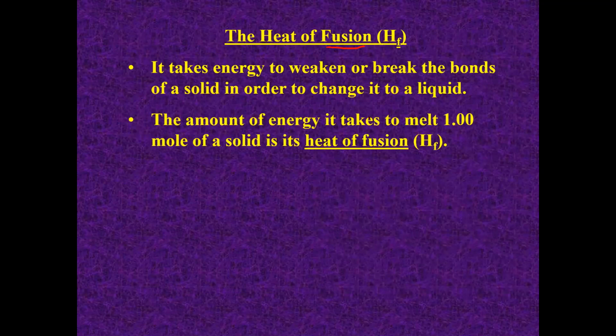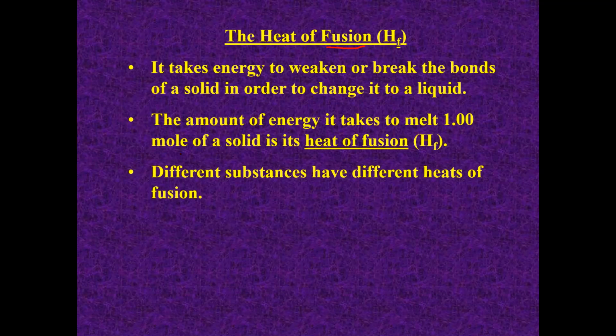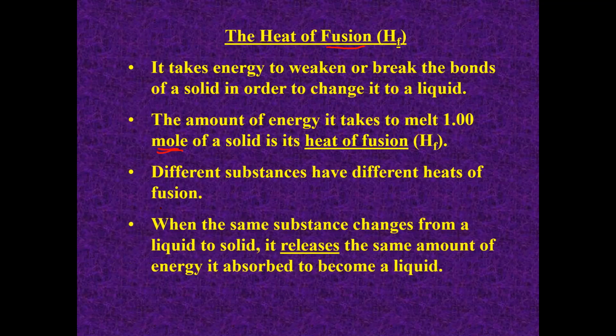The amount of energy to melt 1 mole of a substance is called the heat of fusion. And moles, you might remember in chemistry, is the amount of a substance. Different substances have different heats of fusion. So when the substance changes from a liquid to a solid, it releases the same amount of energy it absorbed to become a liquid.